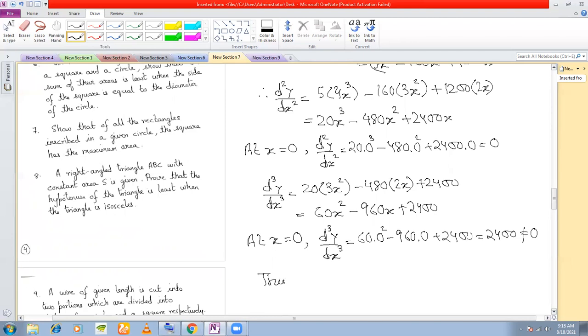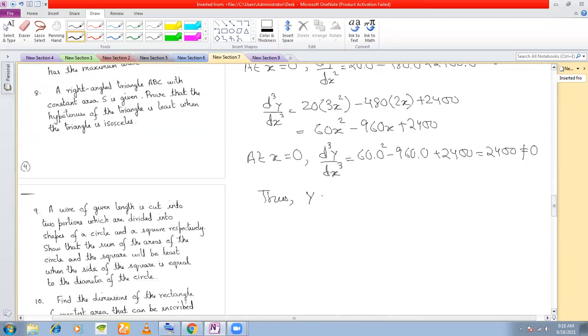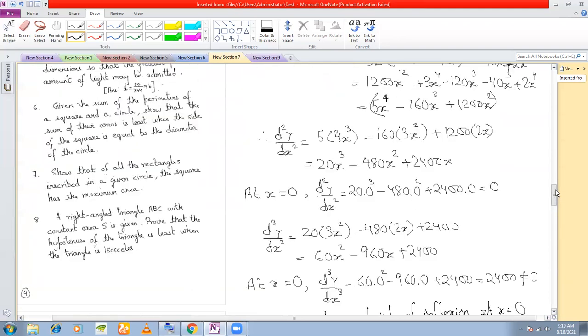We say thus, what had we taken the function as? We had taken the function as y. Thus y has a point of inflection at x is equal to 0. Okay, so this is for x is equal to 0.